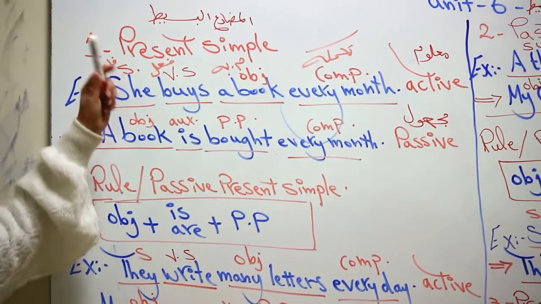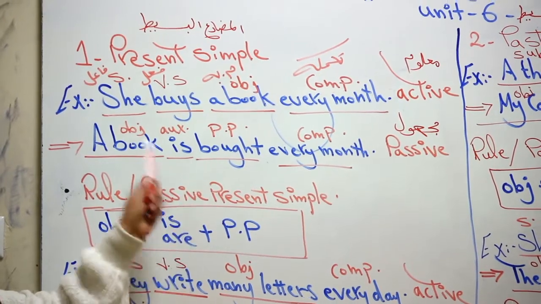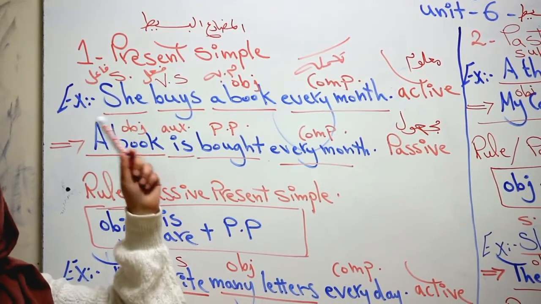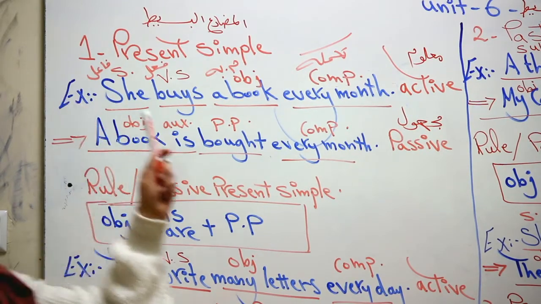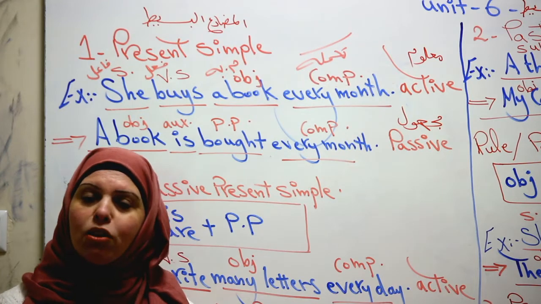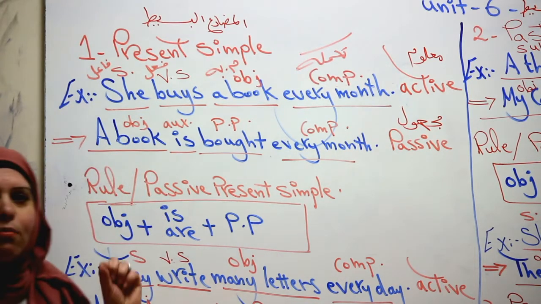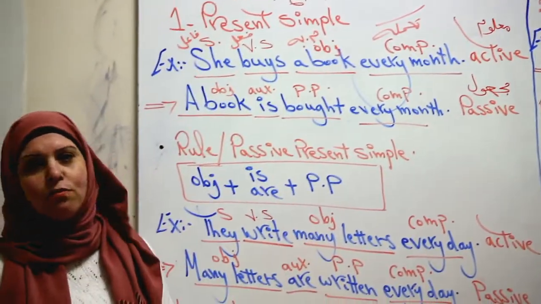So, in order to change the active sentence into passive, we must omit the subject. أهم شيء خطوات التحويل من الجملة المعلومة إلى الجملة المجهولة. أول خطوة مهمة أن نحذف الفاعل حتى نحول الجملة إلى جملة مجهولة.